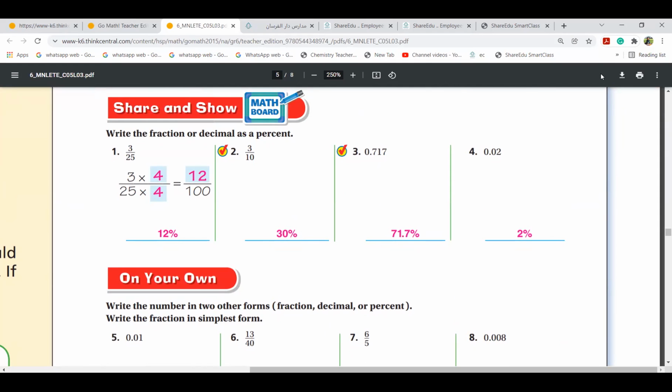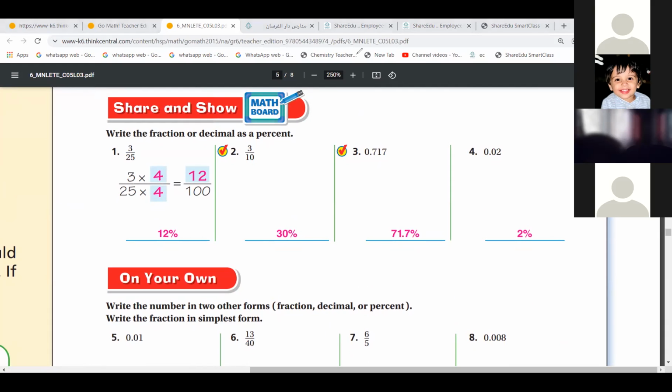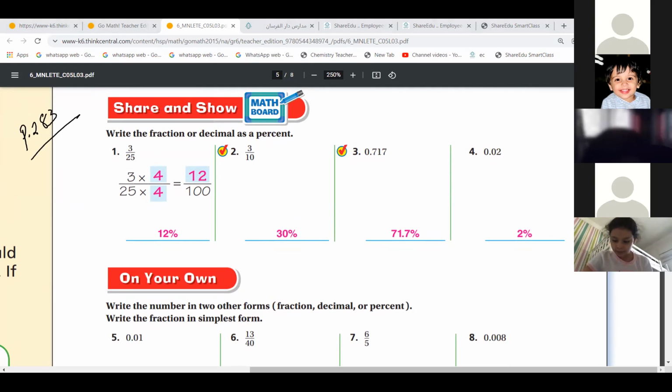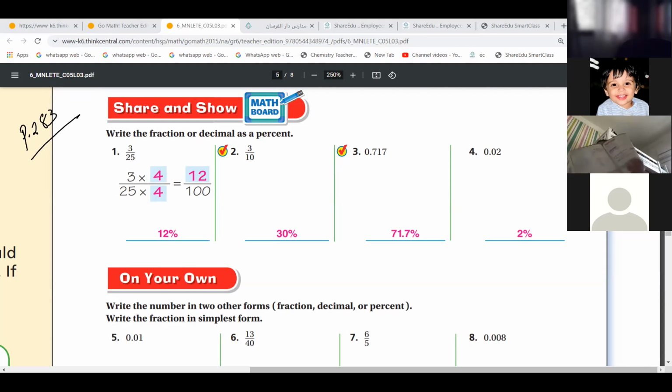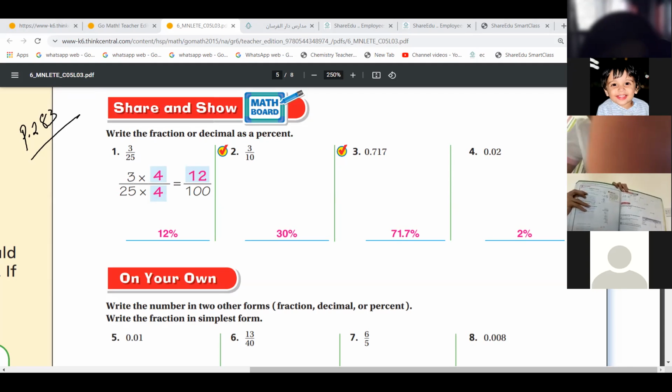Everyone, are you there with the books? Page 283. Turn on your camera and show me your books, everyone. I need to ask you to show your books because sometimes you're not writing. Please be attentive in my class. Amal, show me your book.